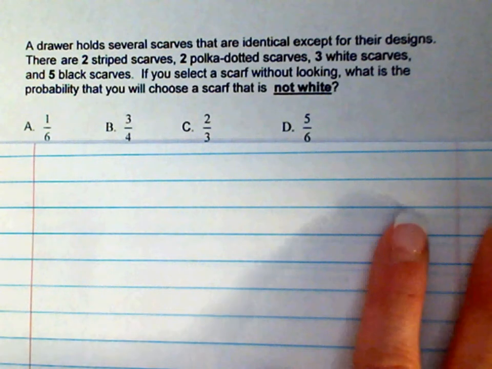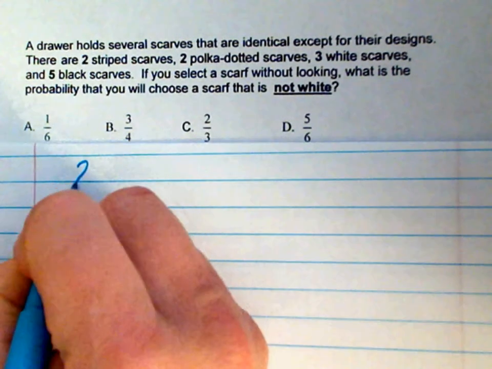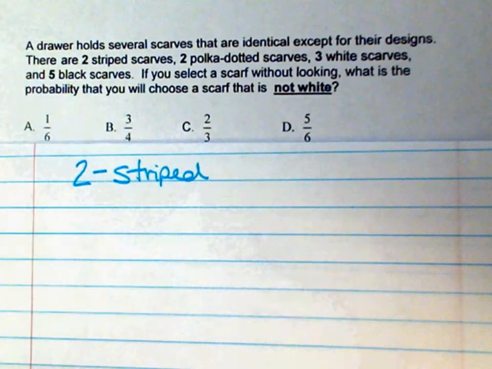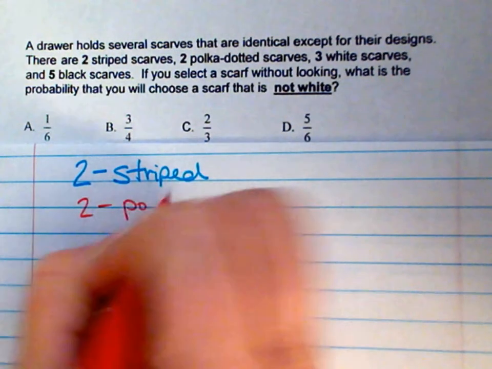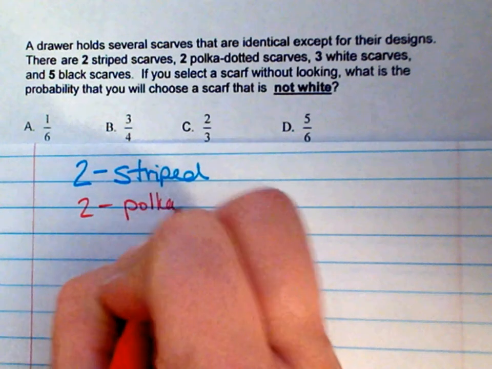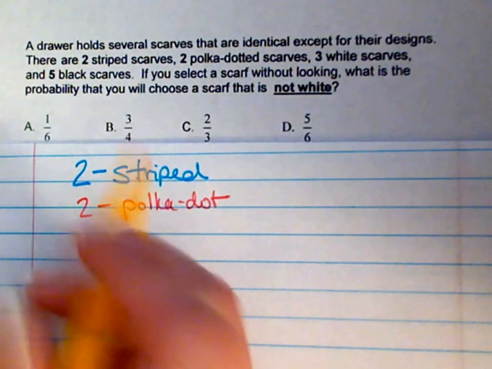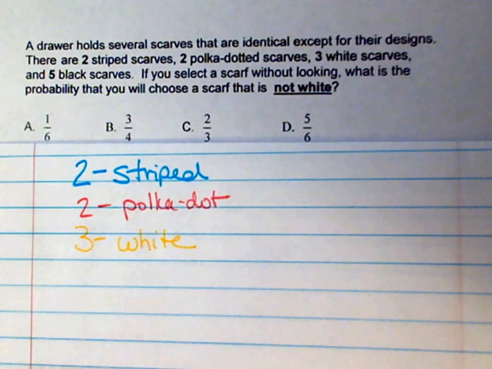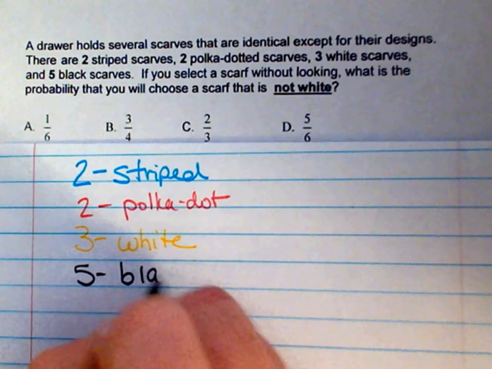Well, let's first start with the scarves that we have. We have 2 that are striped. We have 2 that are polka dot. We have 3 that are white and 5 that are black.